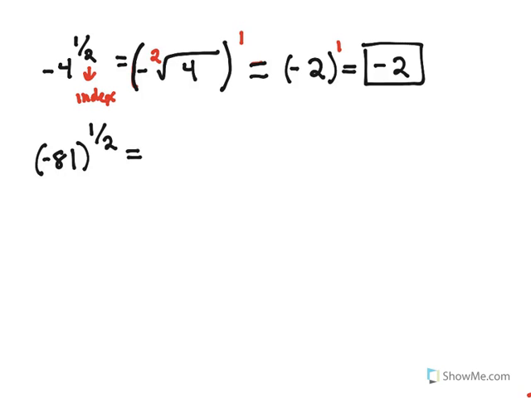Since the negative 81, or the base, is surrounded by parentheses, and that includes the negative, then we have to put that negative 81 under the radicand. The index, which is 2, still goes there, and that whole thing is now being raised to the first power. Therefore, we're going to take the square root of negative 81.